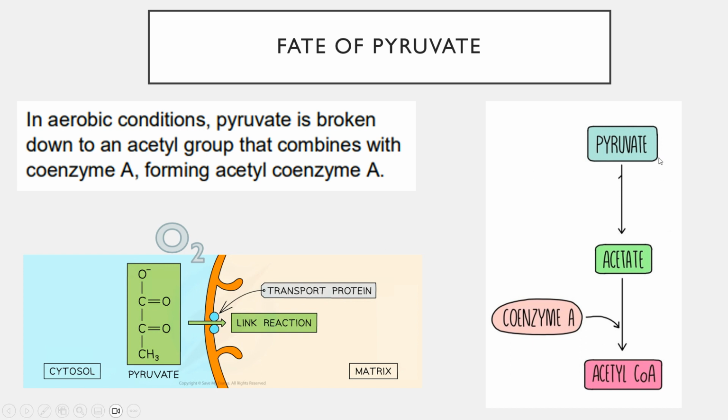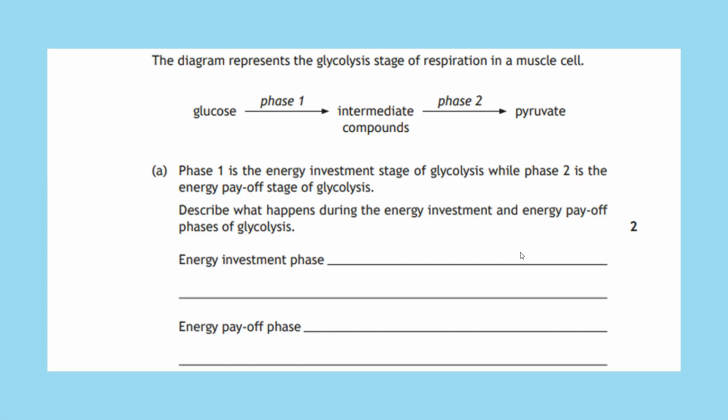So initially, pyruvate is going to be broken down into an acetyl group or acetate, and that will combine with a coenzyme A. So these two substances together form acetyl-CoA, and that will be where we pick up in the next pathway of cellular respiration. But for now, that's everything you need to know about glycolysis.